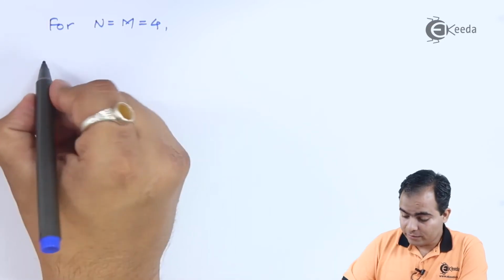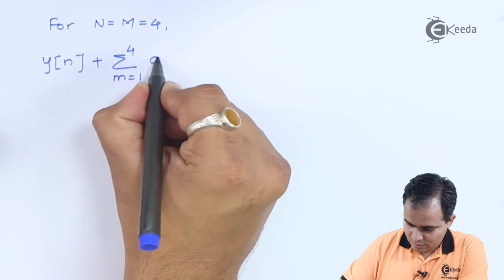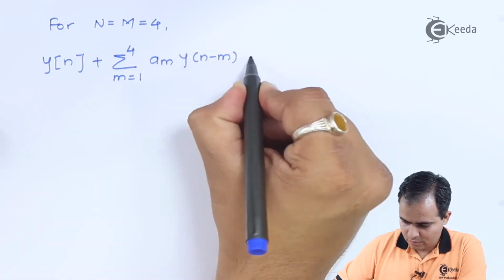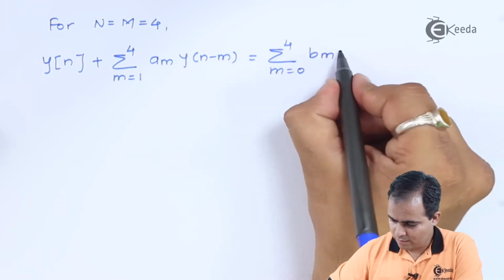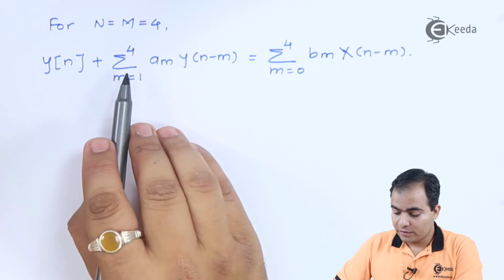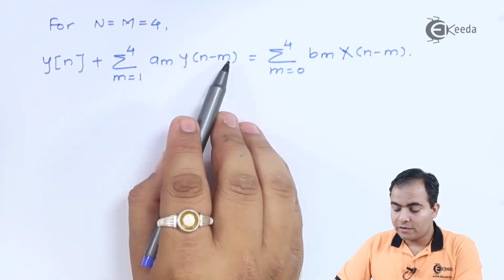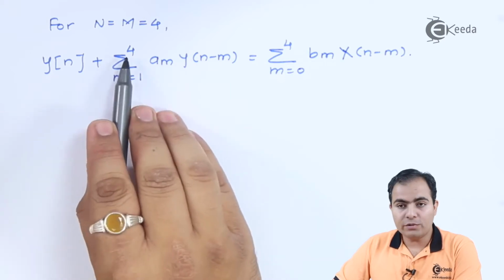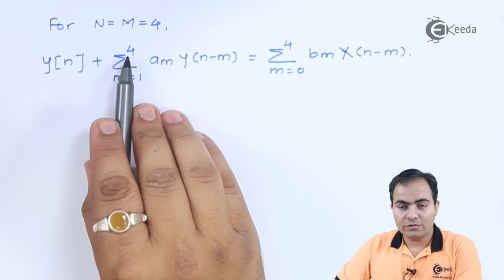My equation becomes, now I'm going to open this summation bracket. If I open the summation bracket, then I'm going to substitute the values of m from 1 to 4.